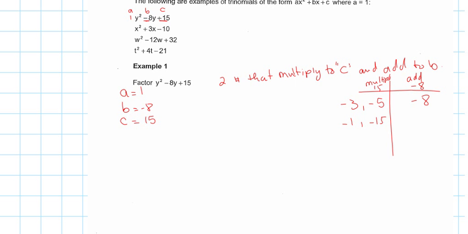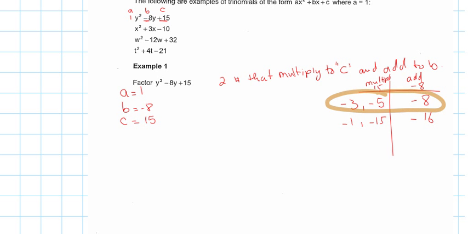What does it add to? Negative 16. So which one of these 2 sets is going to multiply to 15 and add to negative 8? The first one, because the second one they add to negative 16, right? So it's the first one that adds to negative 8. So my factors that satisfy this equation are negative 3 and negative 5.